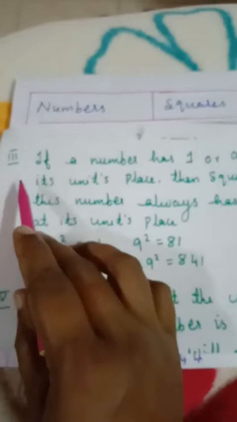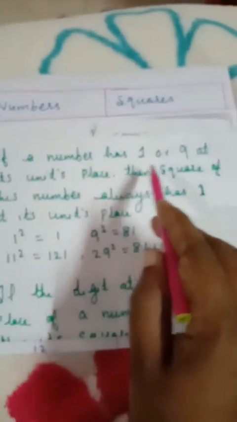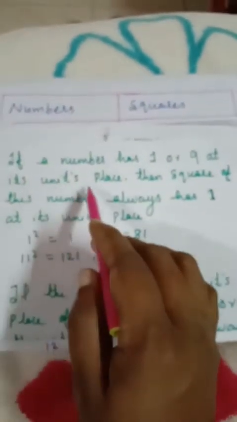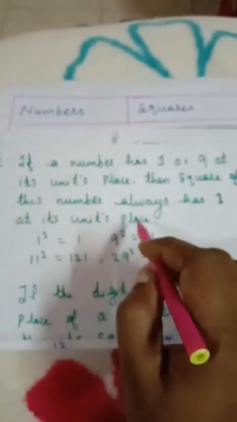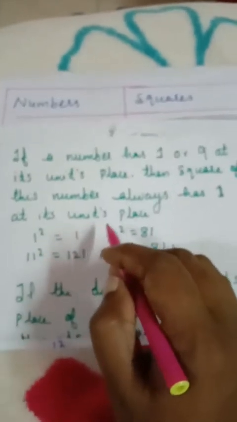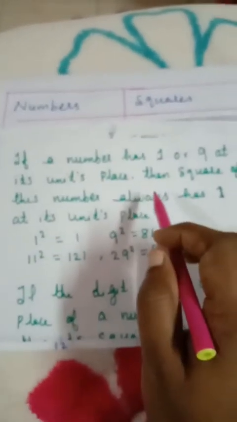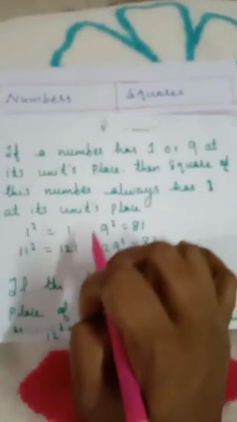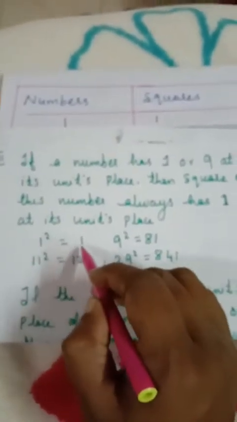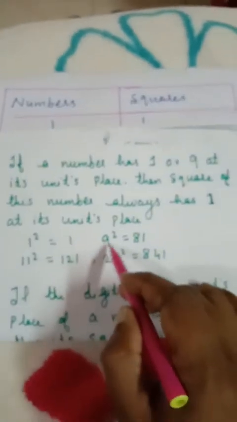Next, the third property. If a number has 1 or 9 at its units place, then the square of this number always has 1 at its units place. For example, 1 square is 1 and 9 square is 81.